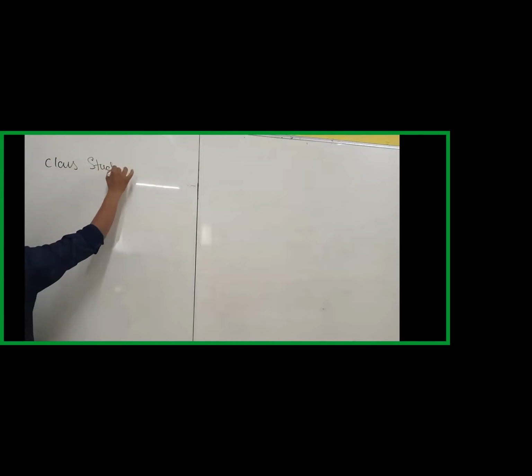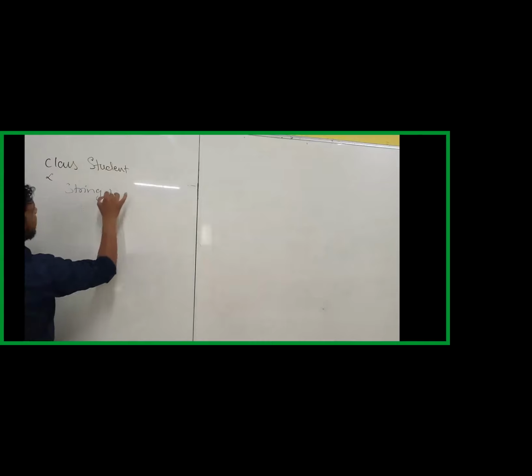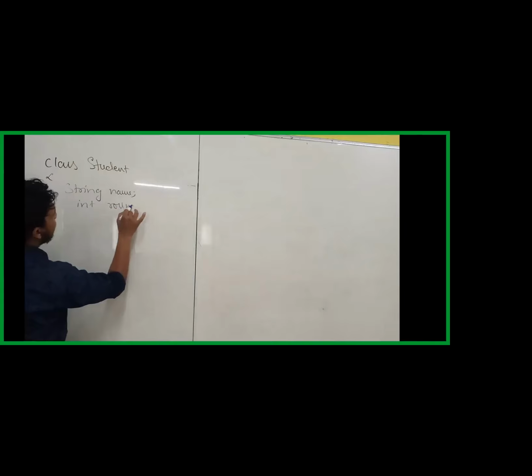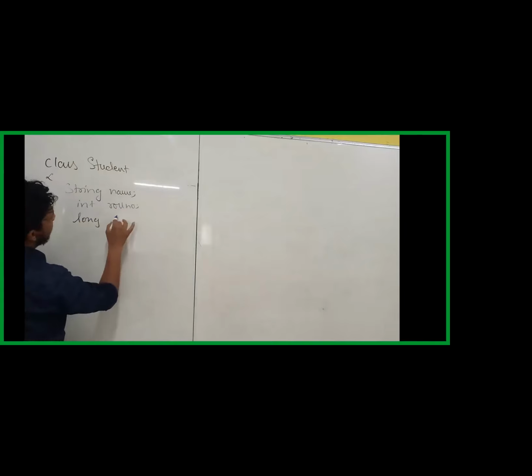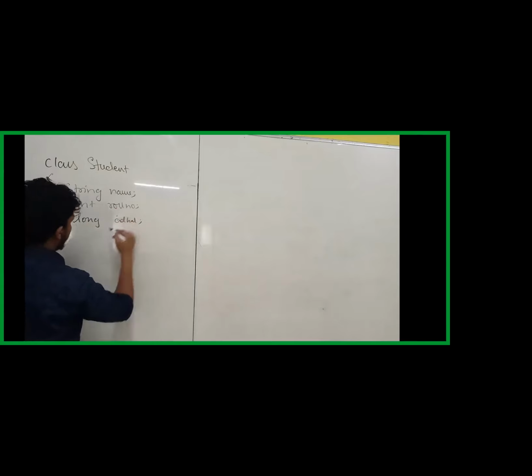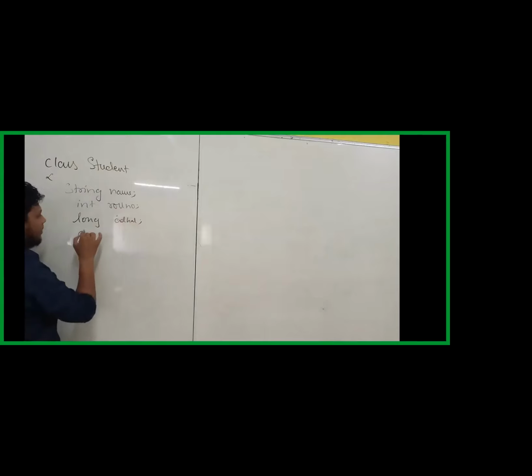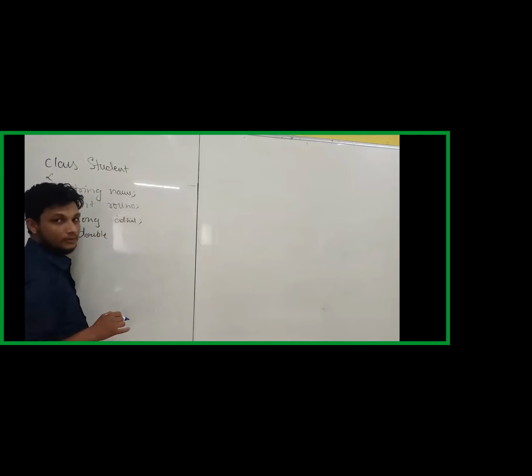I'll write class Student, and I'll give it a String name, then an int roll number, next a long Aadhaar, and next a double.